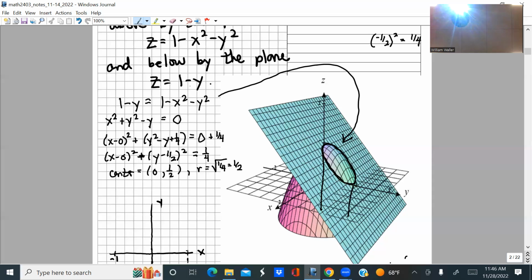So I've got this axis marked off in anticipation of having this circle. Notice I think the 1 is up here on the y-axis. 4 tick marks will give me a 1. So the center is at 0 and 1/2, right there, and the radius is 1/2.